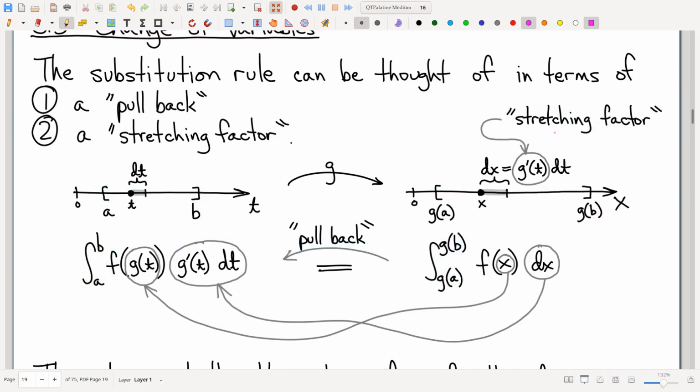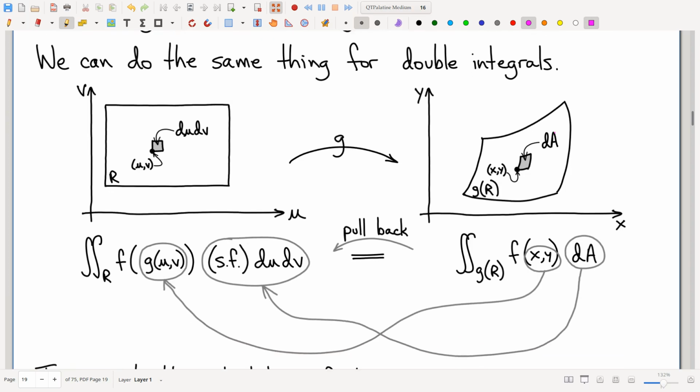Here's the two-dimensional equivalent. I'm going to start with a domain over here on the left. And I'm going to suppose that I have some function going like so. Now, what happens when I take all the points in this domain and one at a time I plug them all into this g function and out comes a bunch of other points and it's going to be some domain like this?